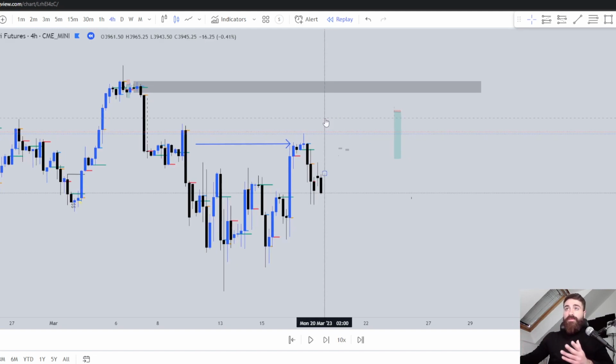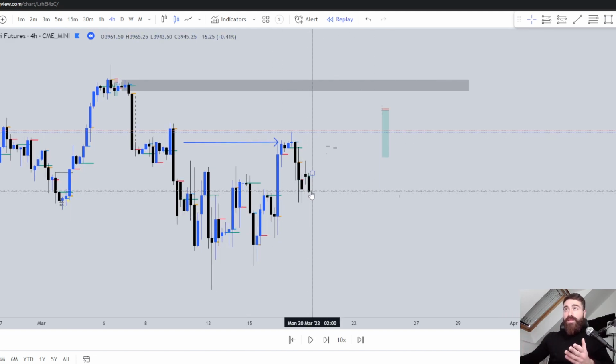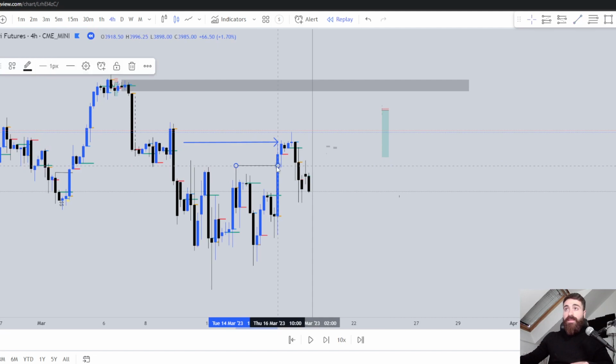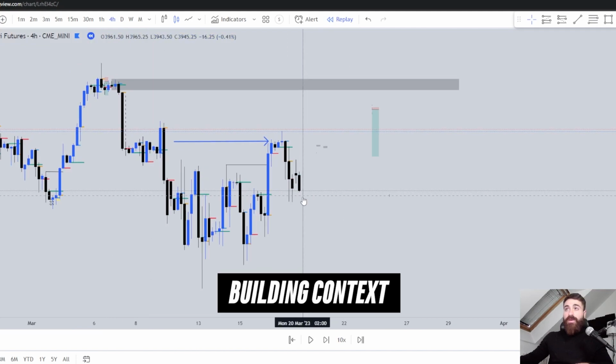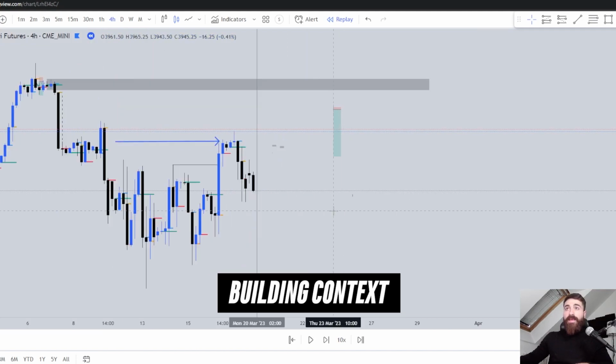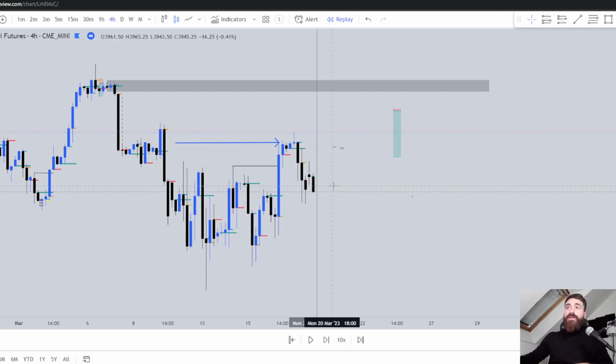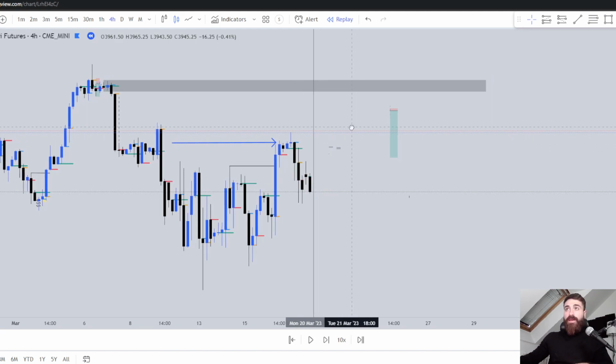So for now, we know that the price wants to go higher. As we see, we broke right here. We understand that the price wants to go to this area because of this liquidity right here and this imbalance. And this is on Monday. During the week, we can take trades going higher to reach this area. But for now, I want to keep it as simple as possible until we reach this area.